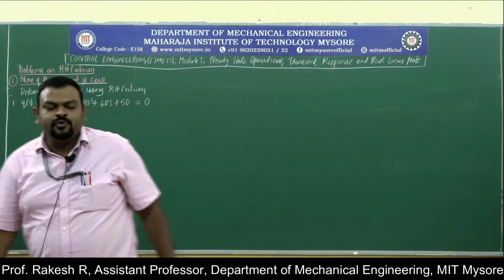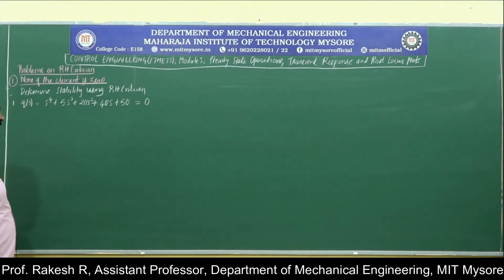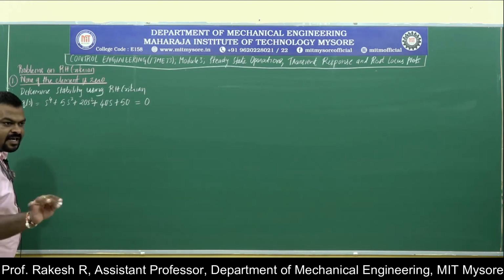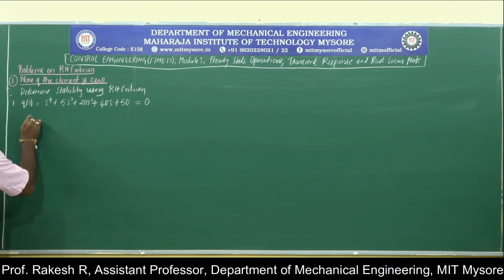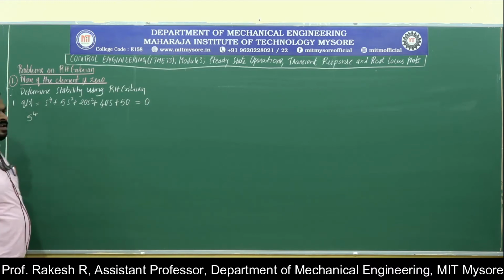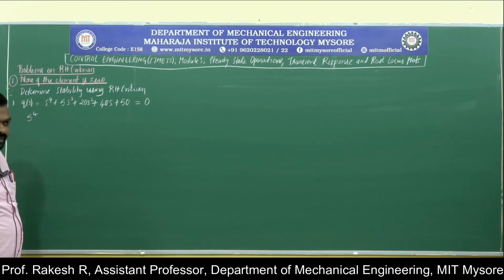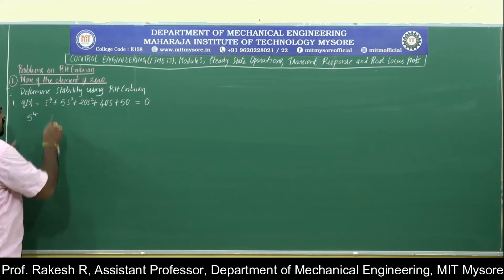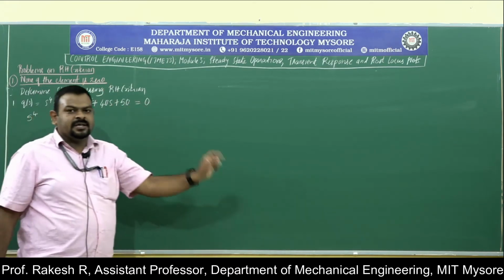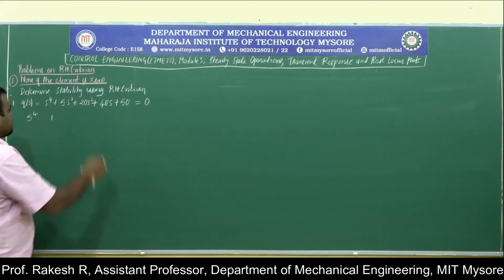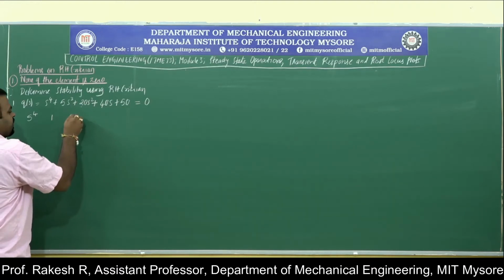Let us write a Routh array first. The highest power is s to the power of 4. I will write s to the power of 4 here. Then I will start writing the coefficients of s to the power of 4. Here it is 1. Then the next decreasing power is s square. It is 20.